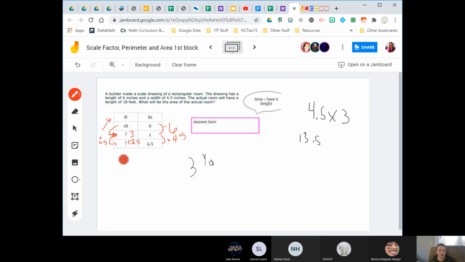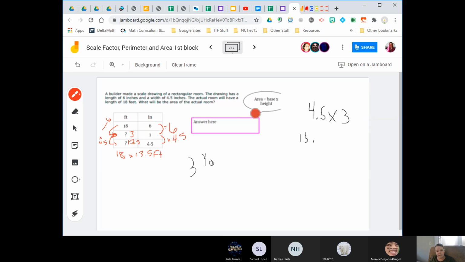So the dimensions of our actual room are 18 by 13.5 feet. So those are our dimensions of the room.